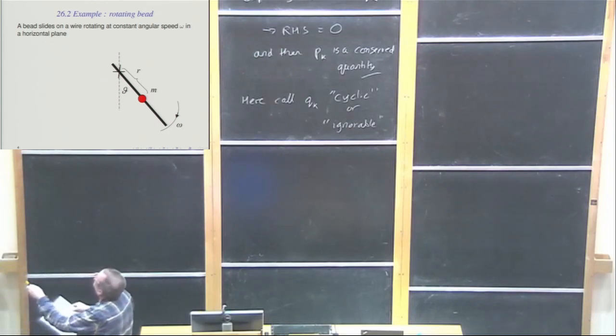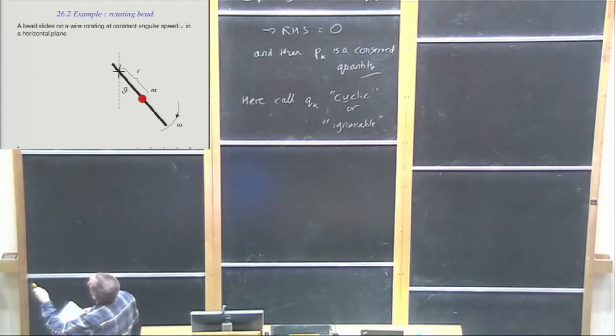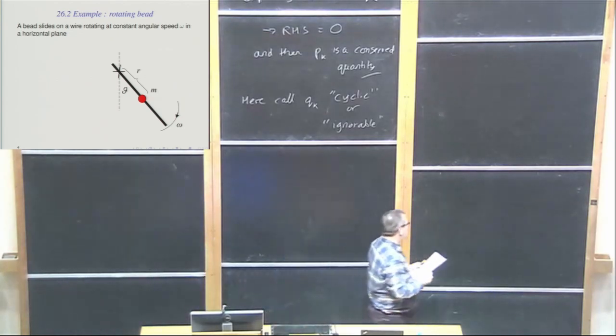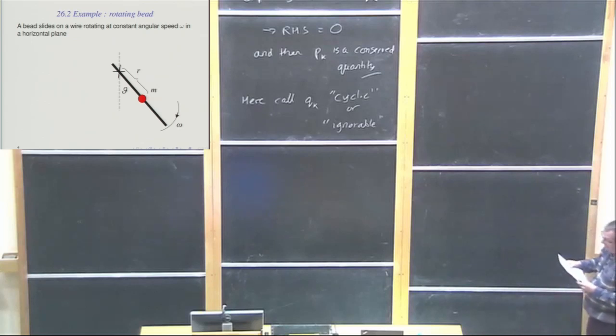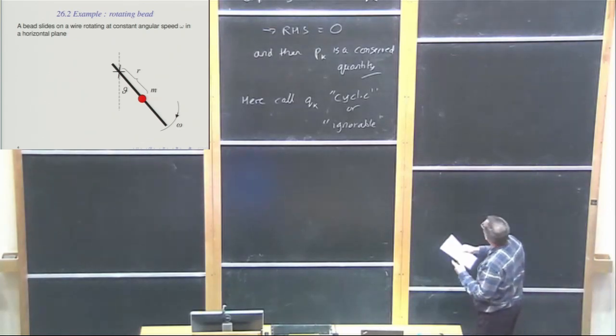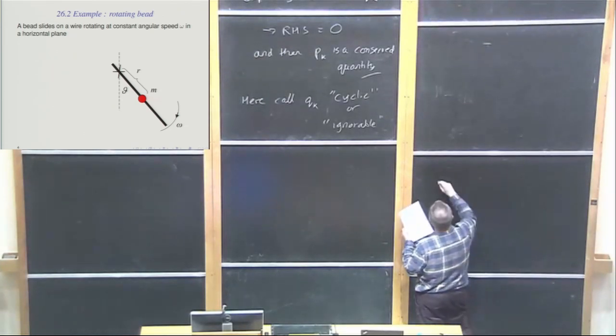It's a wire rotating at constant angular speed in a horizontal plane. It has a bead on it, so this bead can slide up and down here. What we want to do is find the equation of motion for this system, but using the Lagrangian formalism. So let's work in polar coordinates.